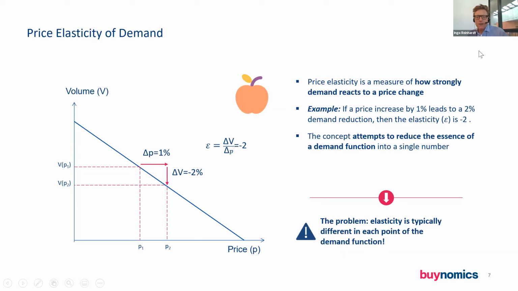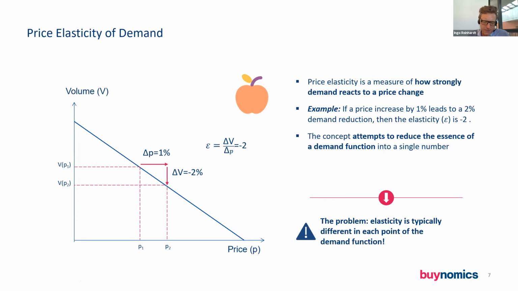But there are many challenges, and we will see that when we look at the solution, in that price elasticity depends on a lot of things. It depends on competitor prices. It depends on your price level. So typically price elasticity, and for example, in this case with the linear demand function, is not constant. So here it's -2, here it's something very different, here it's something very different. So it's not a property of a product.